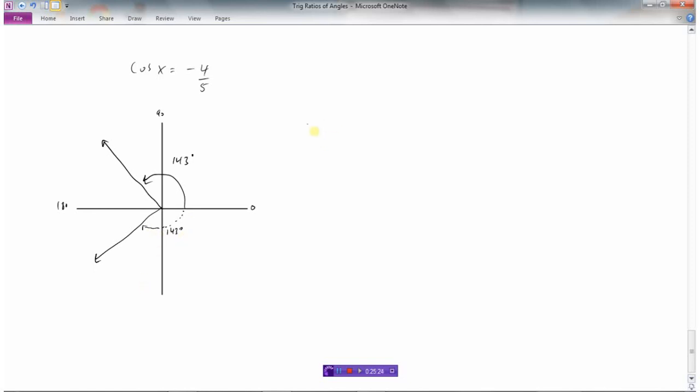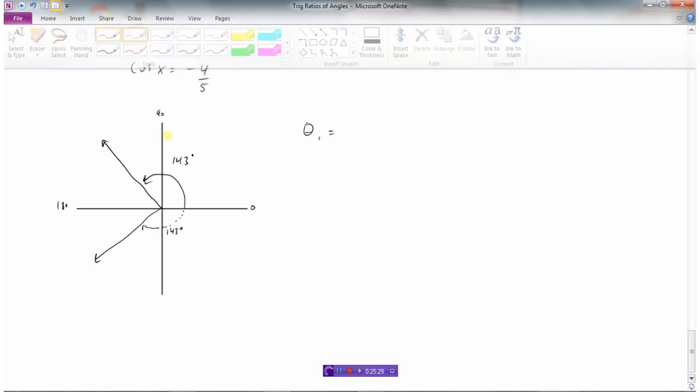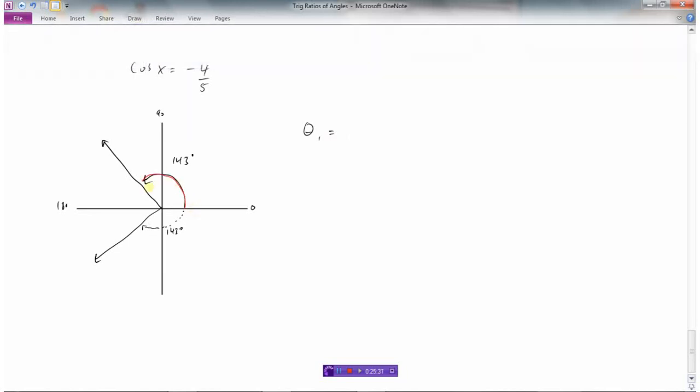So I know that this angle here will also be 143 degrees. And so now, using my diagram to find my angle theta, I want this one here measuring from my initial arm. So that's 143 degrees. And my second solution would be measuring from here all the way to this terminal arm. And I know that all the way around here is 360, but back up 143 degrees.